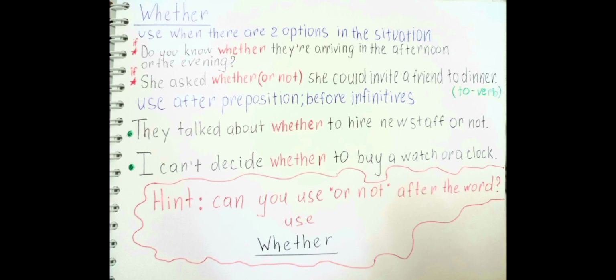So a couple points there to remember from this. Whether should be used when you have two choices, two alternatives in your situation, and use it after a preposition before an infinitive verb.